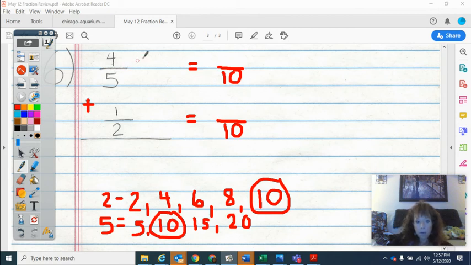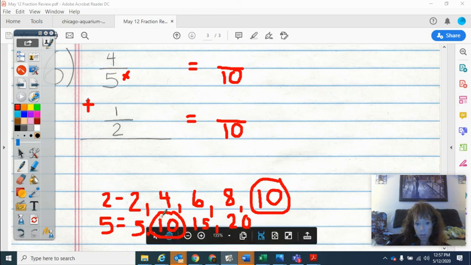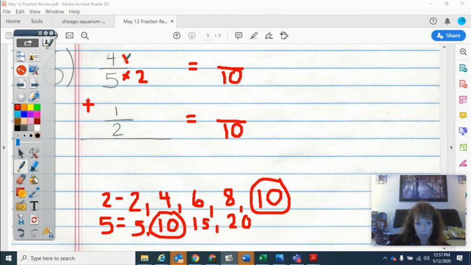Okay, so I have 4/5 equals some number over 10. 5 times what number is 10? 5 times 2. 4 times 2, because I have to multiply by the same number in the numerator. 4 times 2 is 8. So 8/10 is equivalent to 4/5.